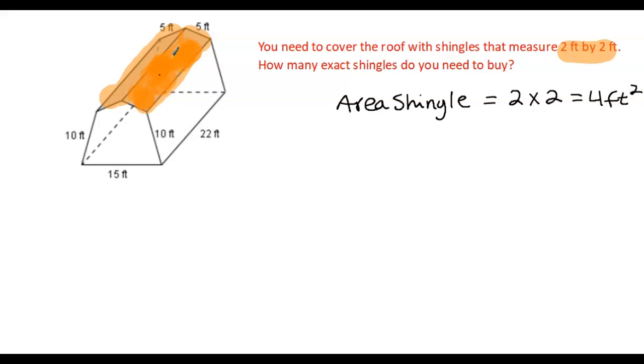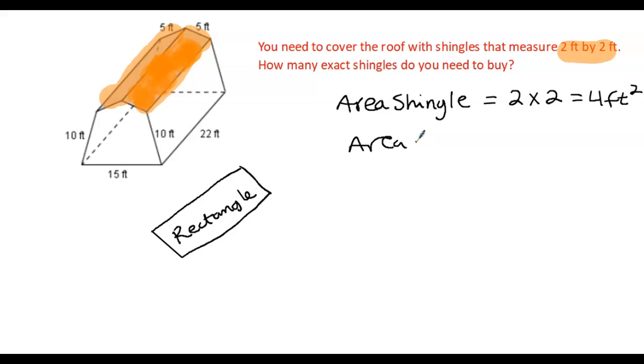Then we need to find our total area of the roof. So the roof, the shape is looking like this, which is a rectangle. You need to find the area of a rectangle. So area of a rectangle is length times width.